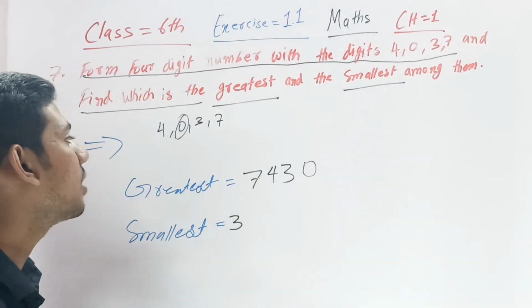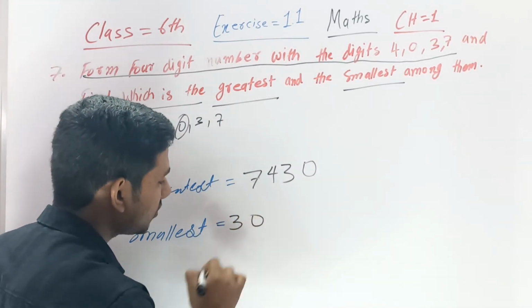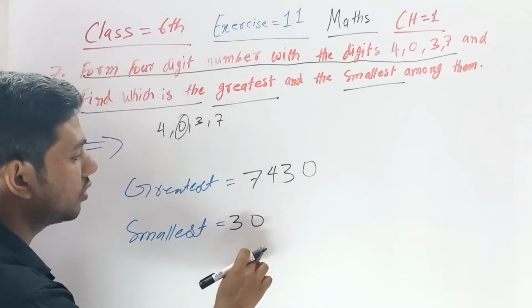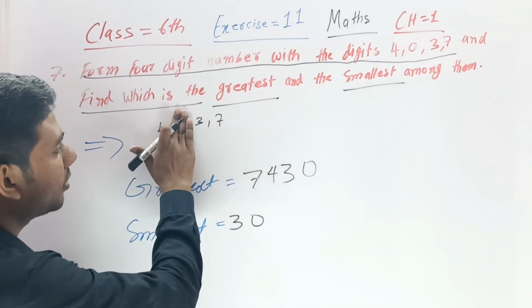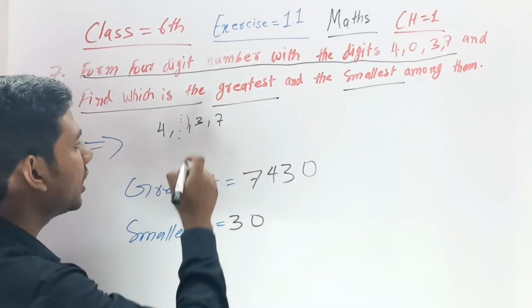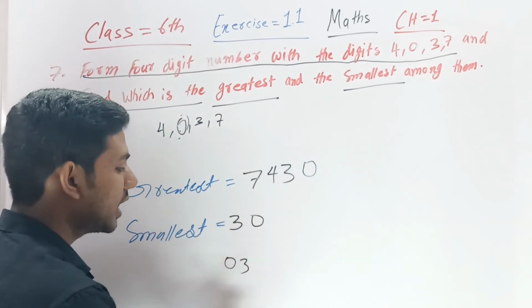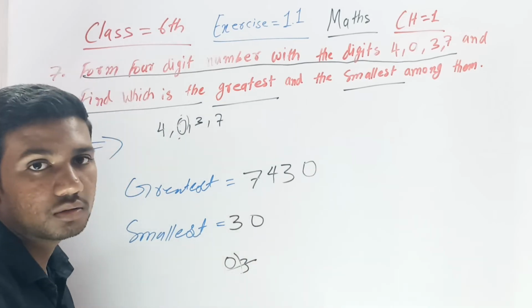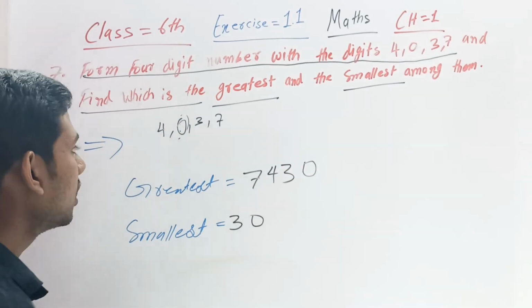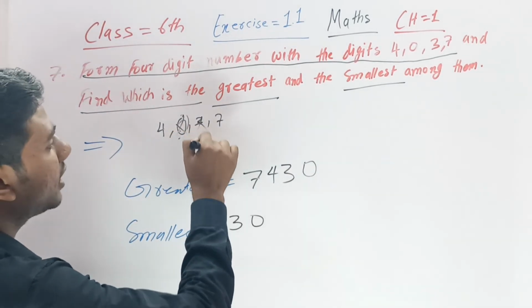After 3 you can use 0. If you use 0 at the start, the number becomes only 3 digits, which is wrong.